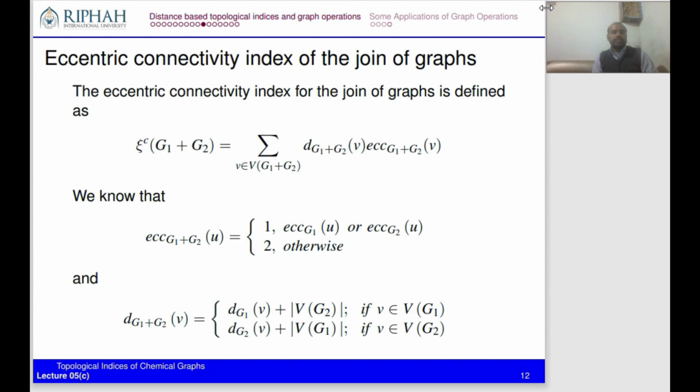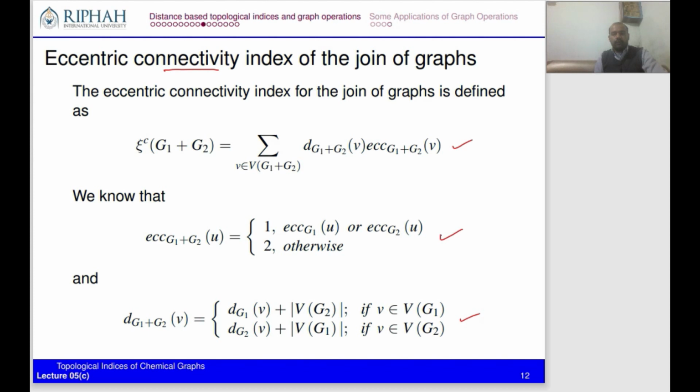So now let's discuss another topological index, the eccentric connectivity index. This is the formula of the eccentric connectivity index: the degree of a vertex v multiplied by the eccentricity of the vertex v. We know this formula, and again recall the degree of vertices in the join of graphs.